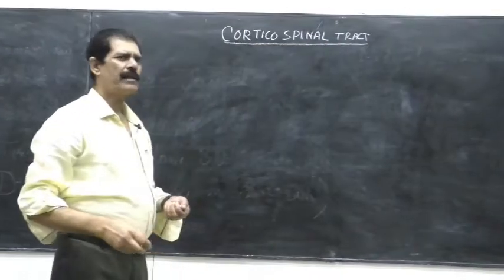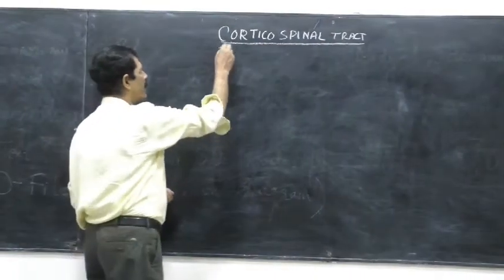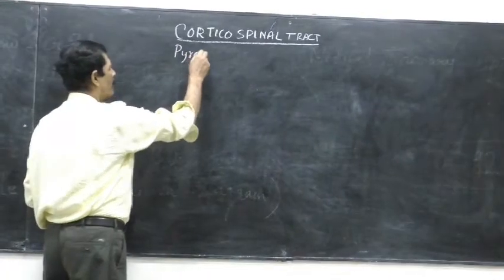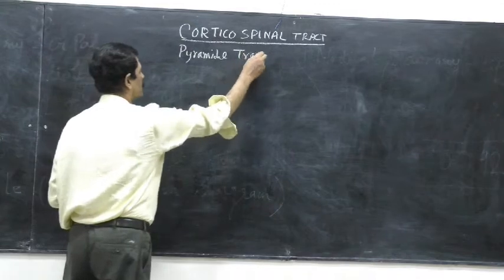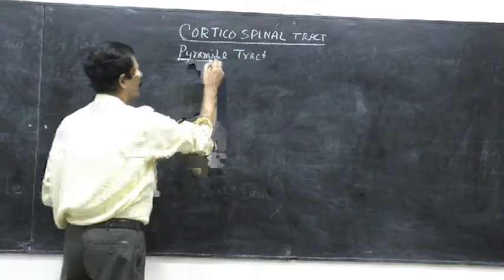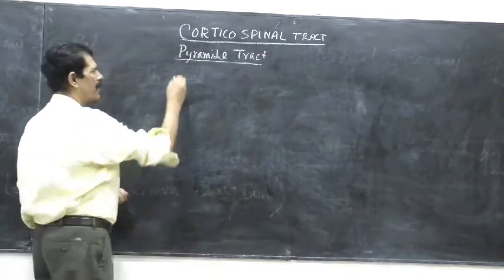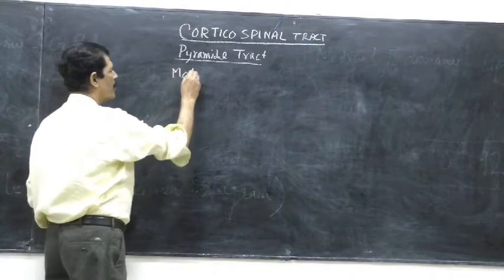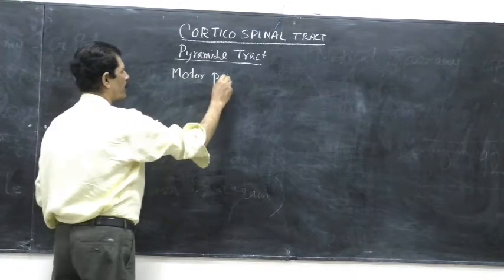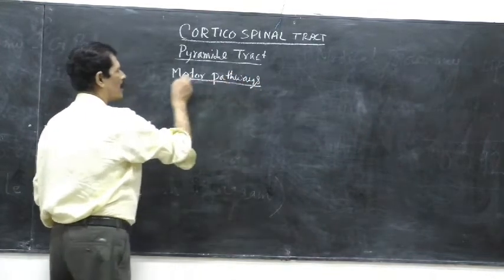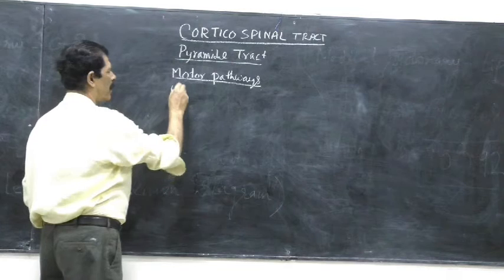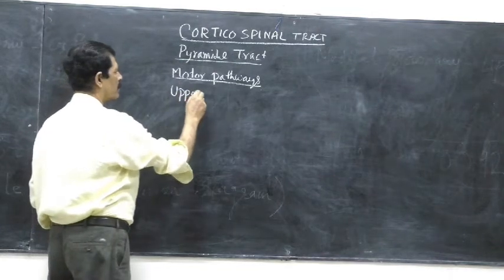So corticospinal tract is also called pyramidal tract. It is also called motor pathways. It is also called upper motor neurons.